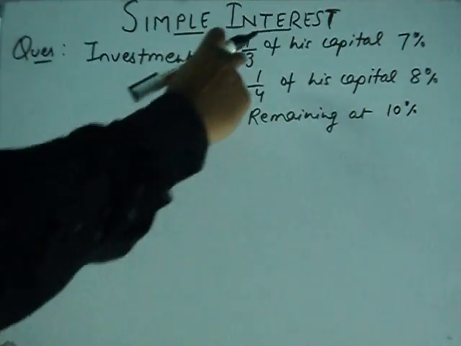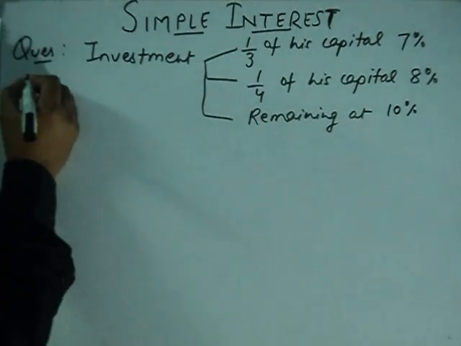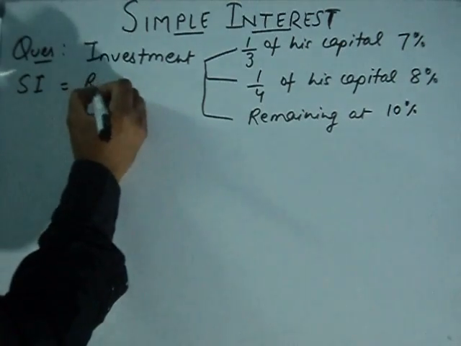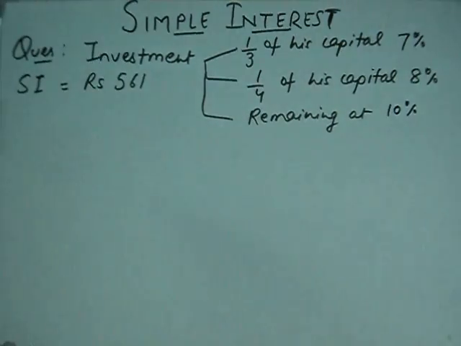If after investment we get simple interest, total interest, equal to 561, we have to calculate the total capital, meaning the initial investment.